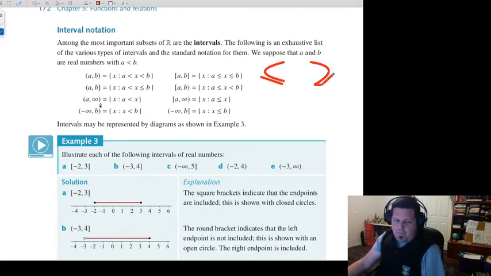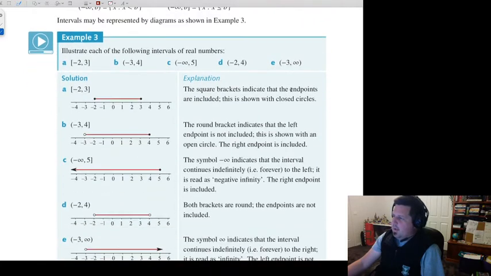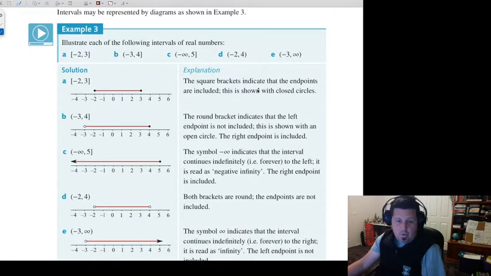Infinity always has to have the round brace around it, and the same applies for negative infinity. It has to have the round brace, never the square, because you can never include infinity. You can never actually get there. It's impossible. Oh yeah, and you can also draw these on number lines.